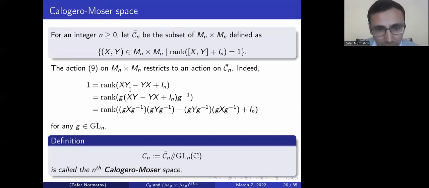Indeed, this is true for any g from GLn. The quotient variety, quotient space, is called the nth closure-measure space.